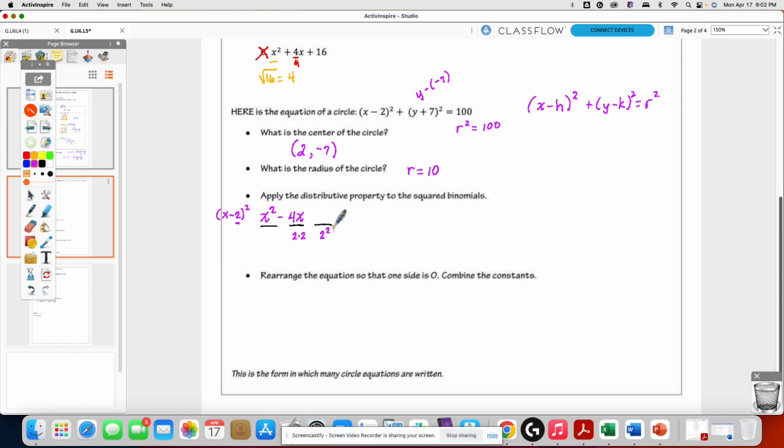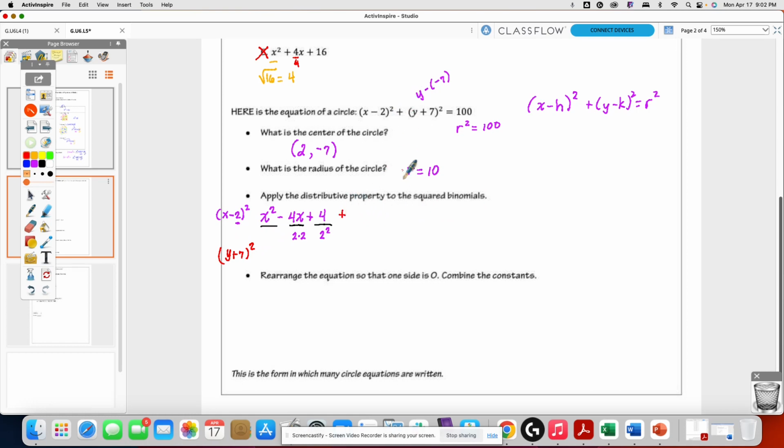So 2 to the second power is equal to 4. Okay? So that is x minus 2 squared, this part. Now the second part is y plus 7 squared. Okay? So for y plus 7 squared, let me put that plus sign.